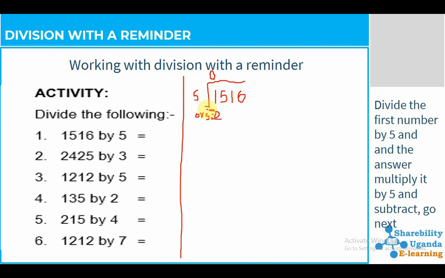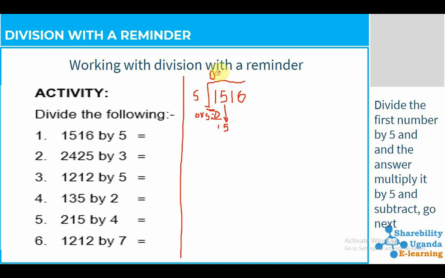But when we subtract this, we shall be able to get 1. So bring this 5 here, and this becomes our 15. Then we say 15 divided by 5. What do we get? We get a 3.